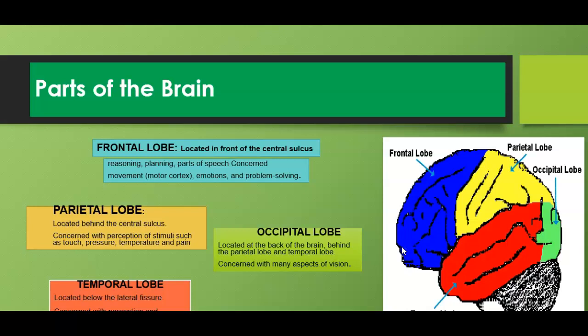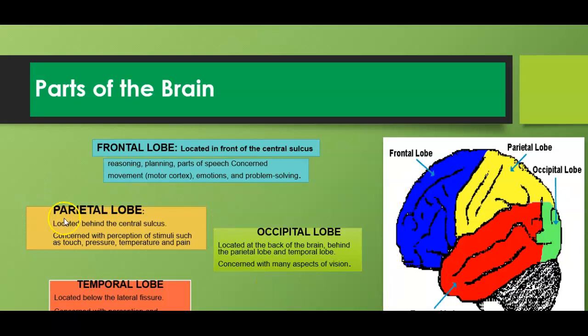Also, we begin to learn how to problem solve using our frontal lobe, parts of speech, movement, planning, and emotion. So all of those skill sets and functionalities begin in the frontal lobe, which is the blue part.